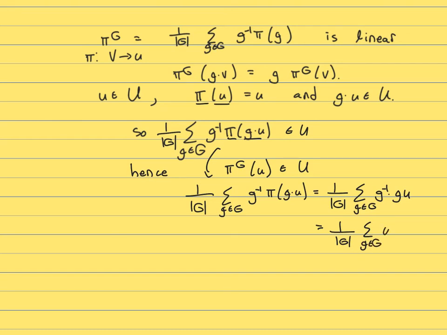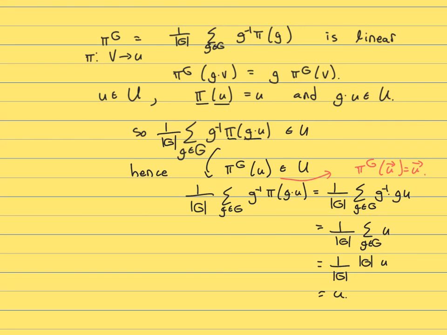So you're summing over the vector u, |G| times. So you're getting |G| copies of itself. And so you're not just getting an element of U, you're getting u itself. But this part tells you that G invariant subspaces are sent to G invariant subspaces. But here you get something even stronger with our projection map. Namely that elements in the vector space U are sent identically to themselves.